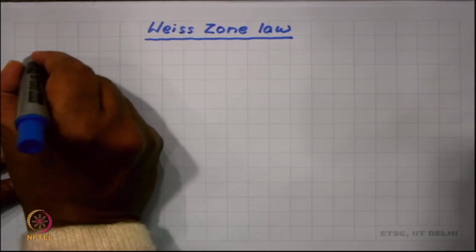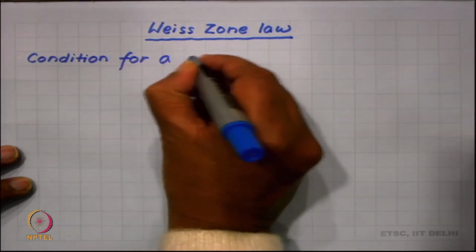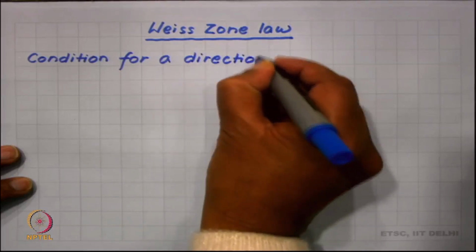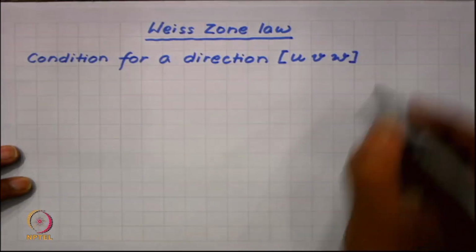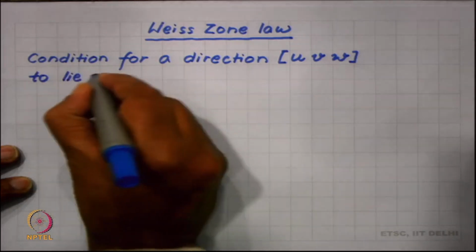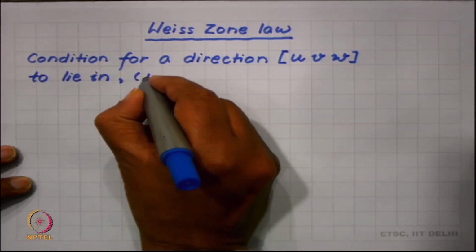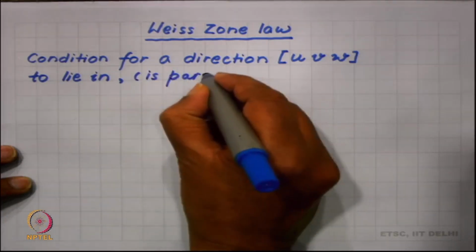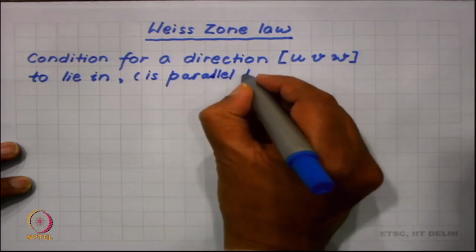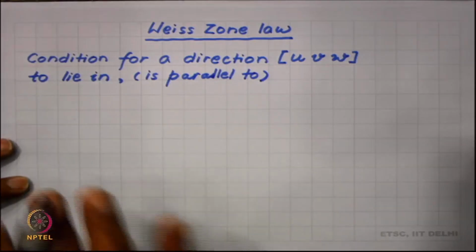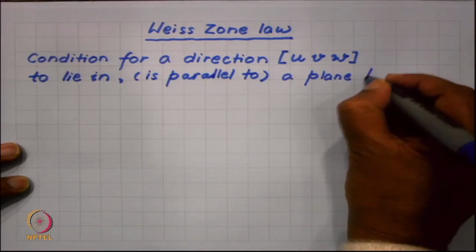So, the Weiss Zone law is the condition for a direction [UVW] to lie in, or which is the same thing in crystallography at least, to be parallel to a plane (HKL).